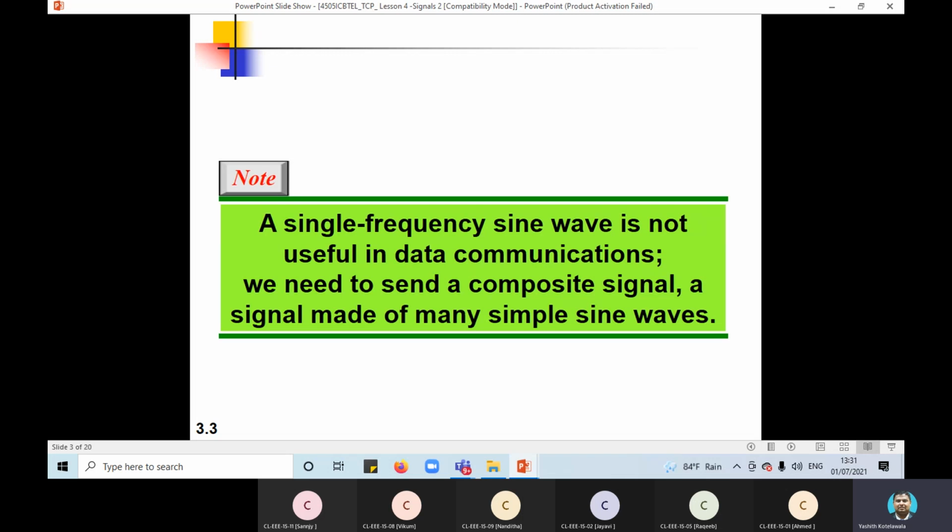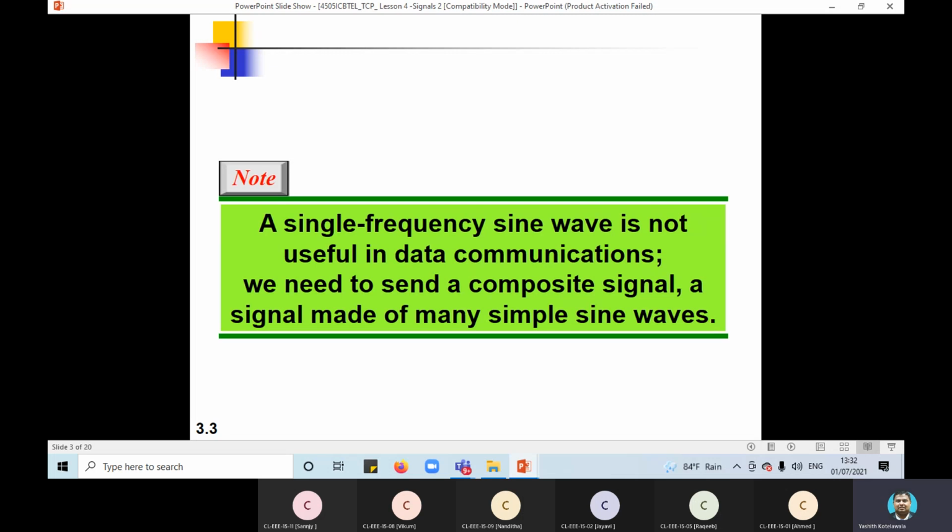So here it says we need to send a composite signal or a complex signal, a signal made of many simple sine waves. Now I hope with this statement you get a clue. What is a composite signal? We need to send a composite signal, a signal made of many simple sine waves, to cater to the requirement of data communication.